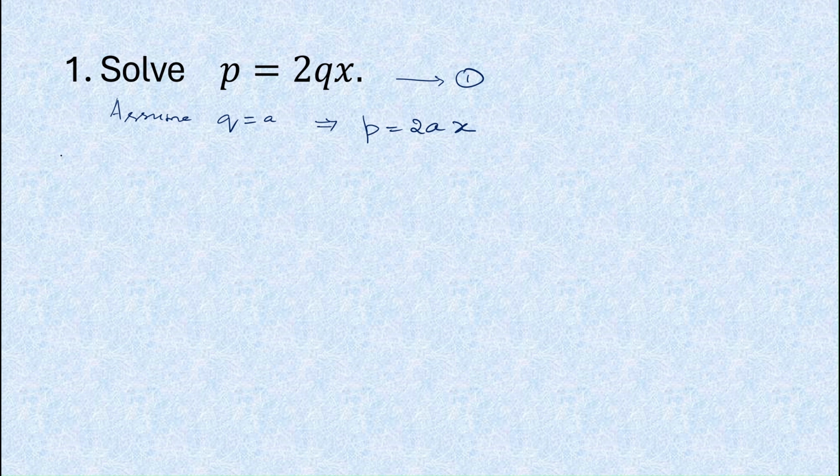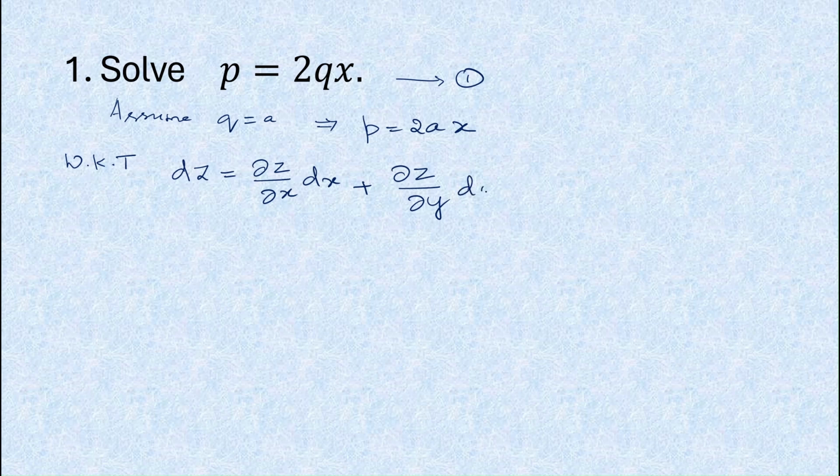And also we know that z is a function of x and y. We can write dz is equal to dou z by dou x into dx plus dou z by dou y into dy, which can also be written as p using the usual notation plus q into dy.